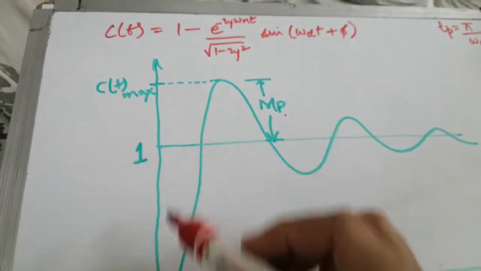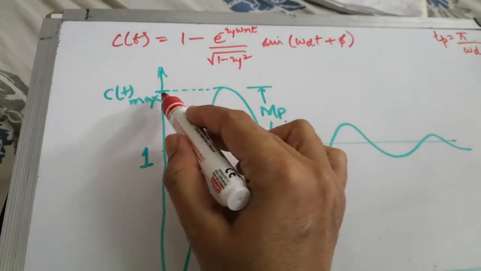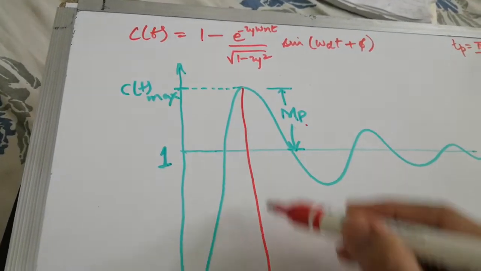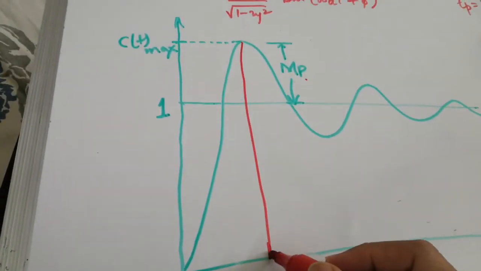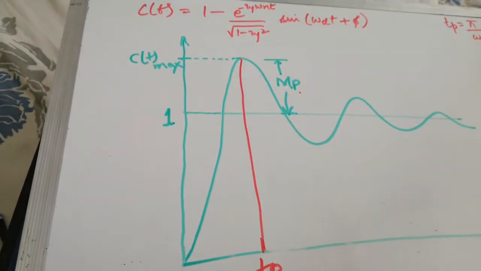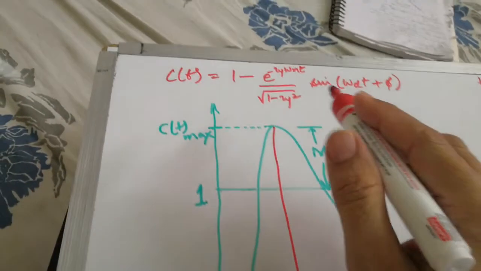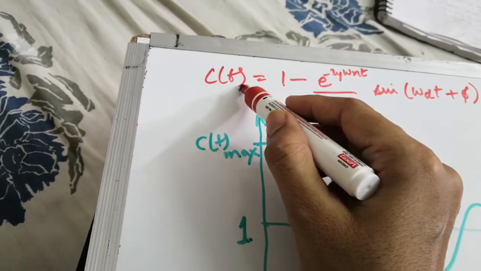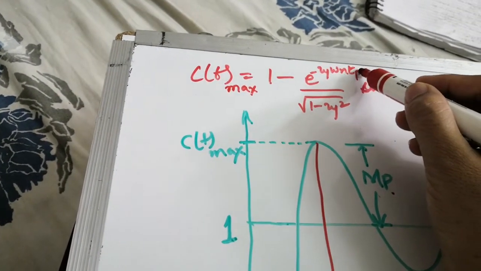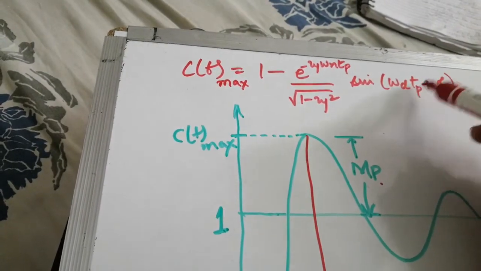Just check here that this total is our Ct maximum. This whole value corresponds to our Ct maximum, and corresponding to Ct maximum, the value of time is Tp here. So the first step is to make it Ct maximum, and for that value, replace our time with Tp.